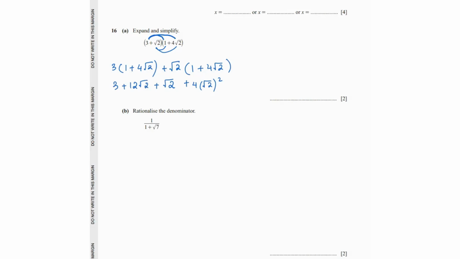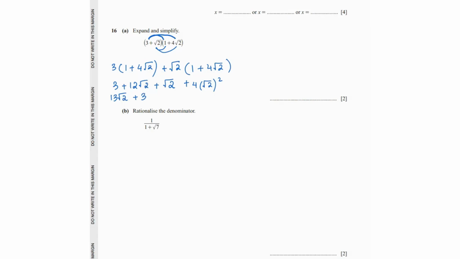Now 12 root 2 plus root 2 is 13 root 2. Just imagine that the root is a variable, let's say x. So 12x plus x is 13x. Similarly, 12 root 2 plus root 2 is 13 root 2. When you're adding and subtracting surds, make sure that the number inside the root is exactly the same. If it's not the same, then you cannot add or subtract them.